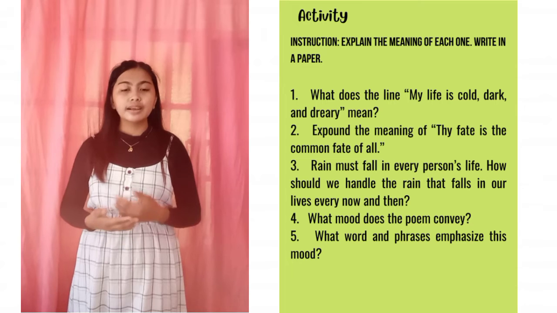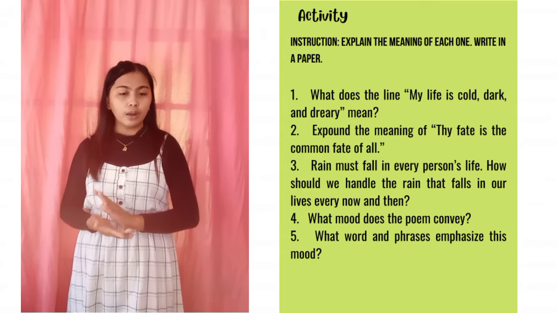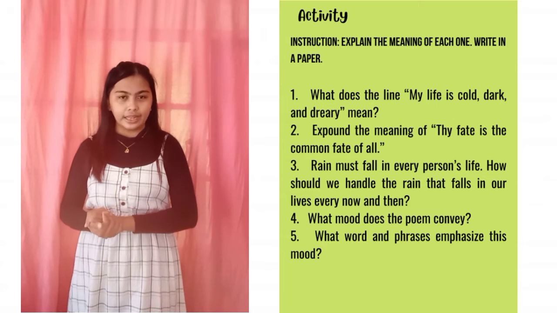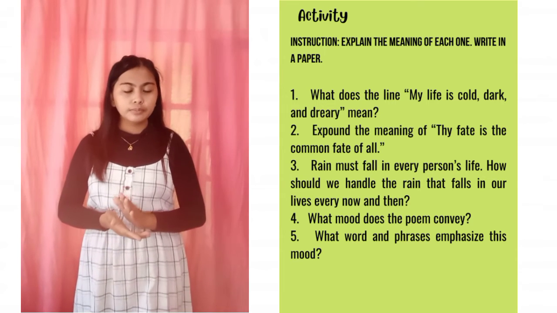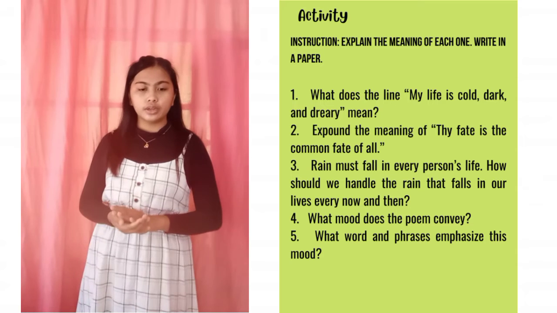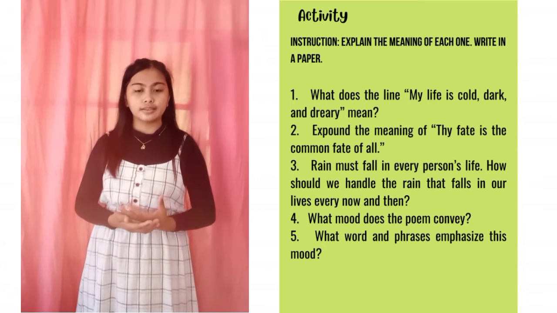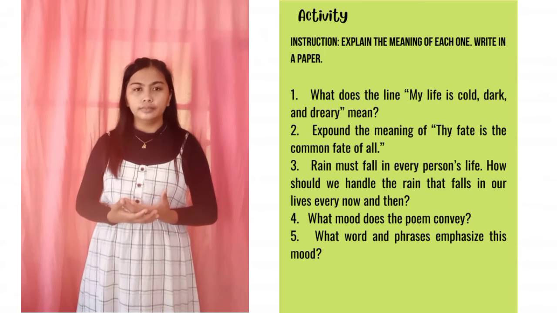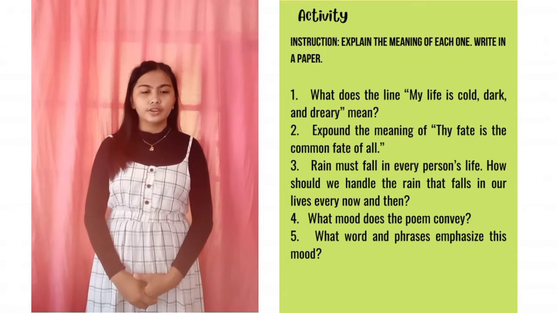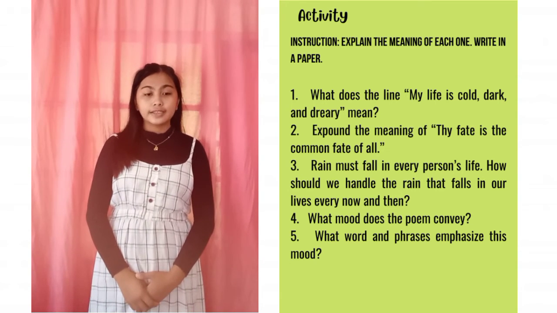Number 3. Rain must fall in every person's life. How should we handle the rain that falls in our lives every now and then? Number 4. What mood does the poem convey? Number 5. What words and phrases emphasize the mood? So start answering now. Okay, let's hear another answer from your classmate.